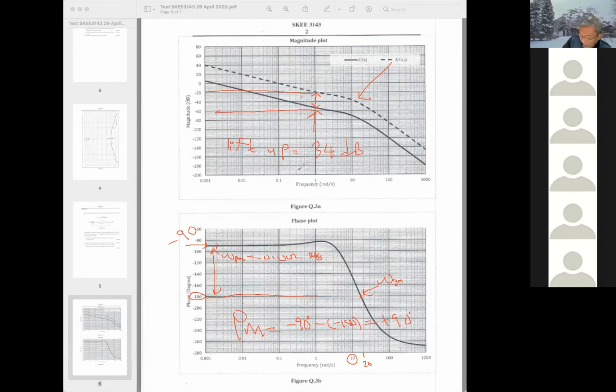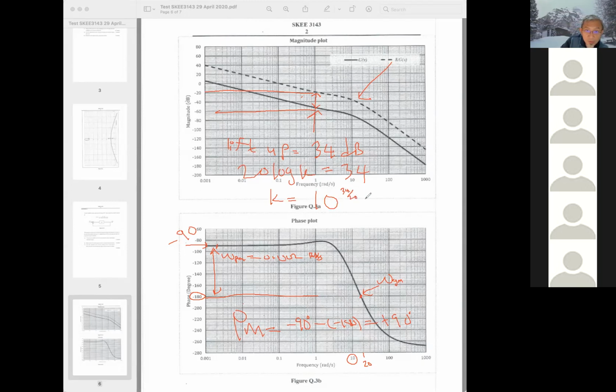So what is the K value? How to calculate it? 20 log K equals 34. So K is equal to the antilog, 10 to the power of 34 over 20.